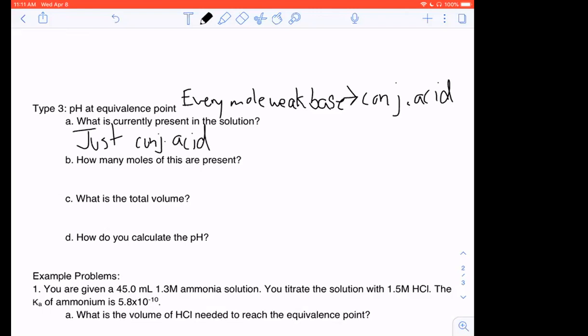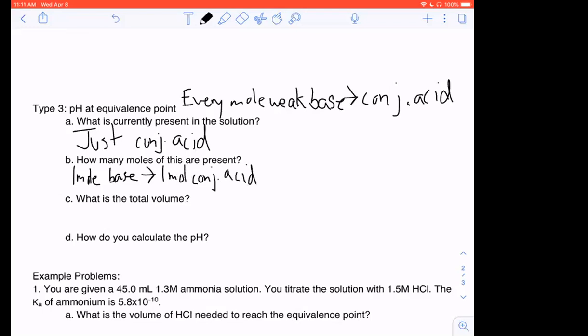And so how many moles of the conjugate acid are present? If you think about what's happening, let's say you started with 1 mole of the base. You added enough HCl to turn all of this base into the conjugate acid. So now what you have would be basically 1 mole of the conjugate acid. So obviously it's not always going to be 1 mole.